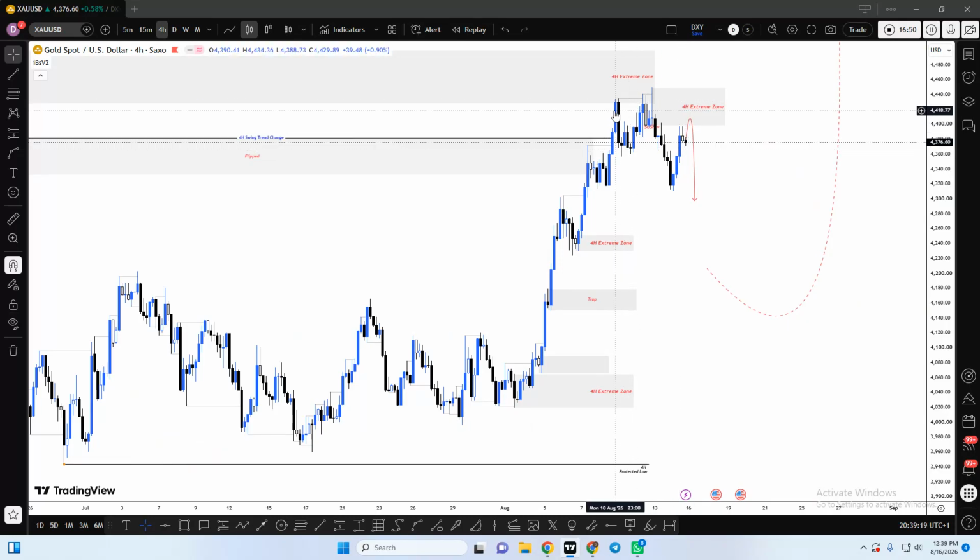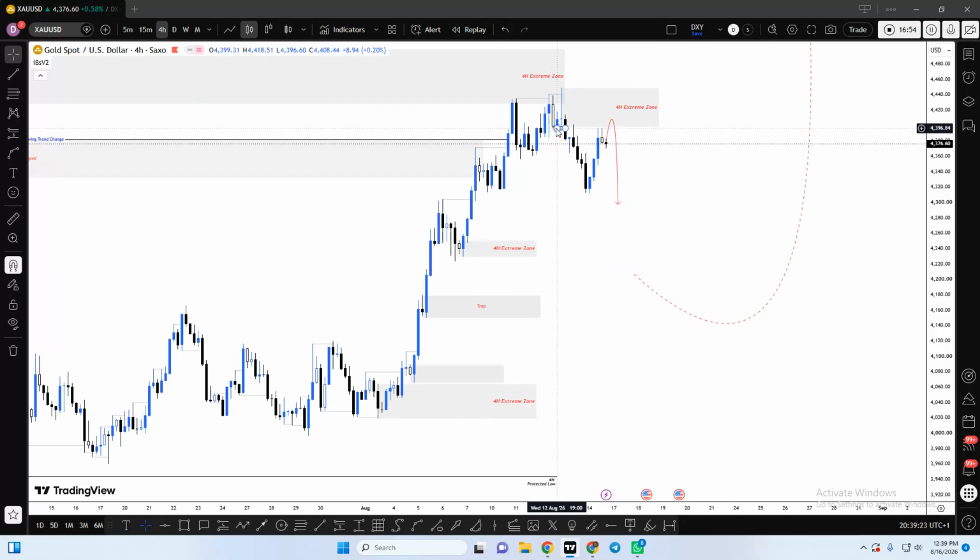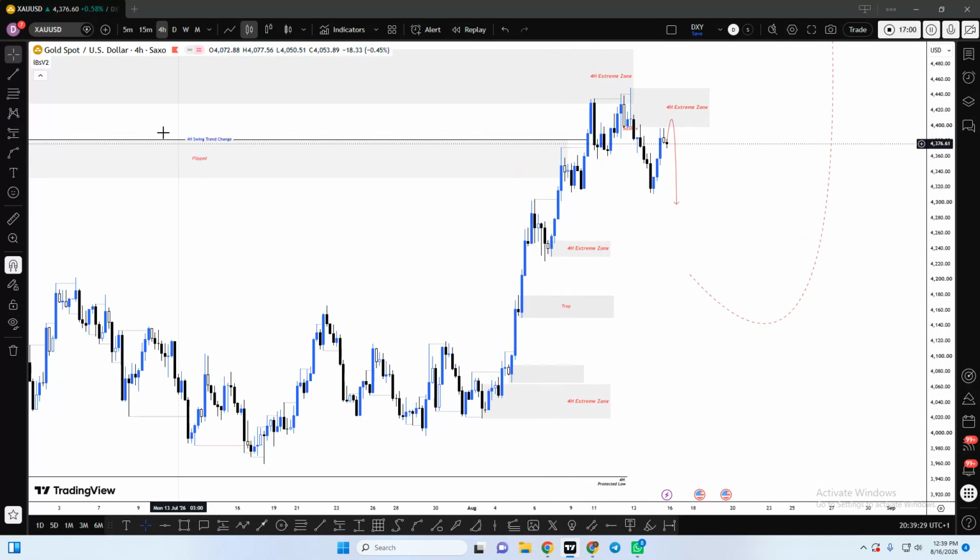We did tap into that 4 hour extreme zone. We did get that change of character. SOSP means the start of the swing pullback, because this is where we broke swing structure to the upside. Fractal structure has switched bearish to signal that the swing pullback has already begun or is beginning.